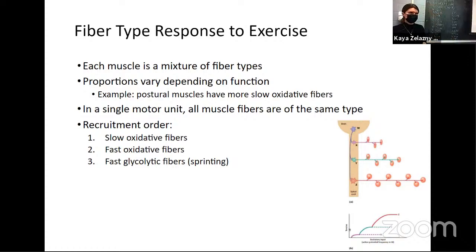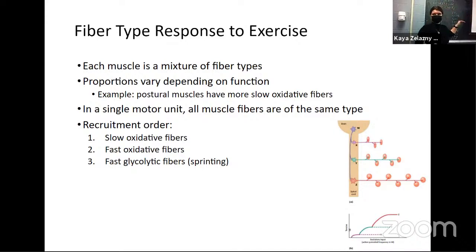So our recruitment order is the same as it was in terms of number of muscle fibers, but now we know what fiber types they are as well. Our slow oxidative fibers, our little fragile, delicate ones, go first. That's our small motor unit.